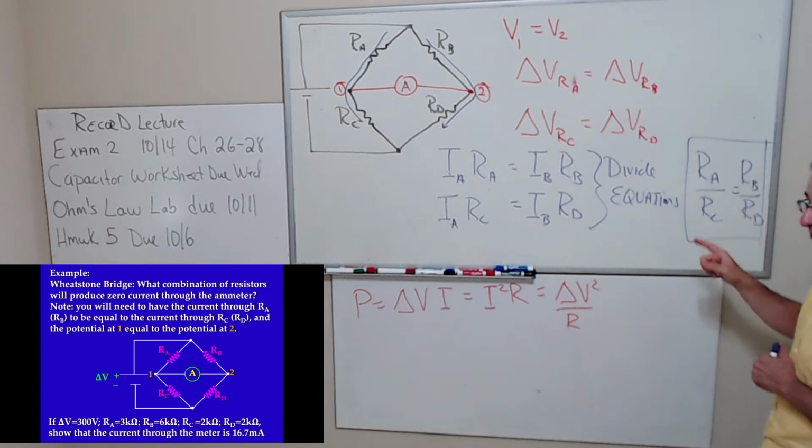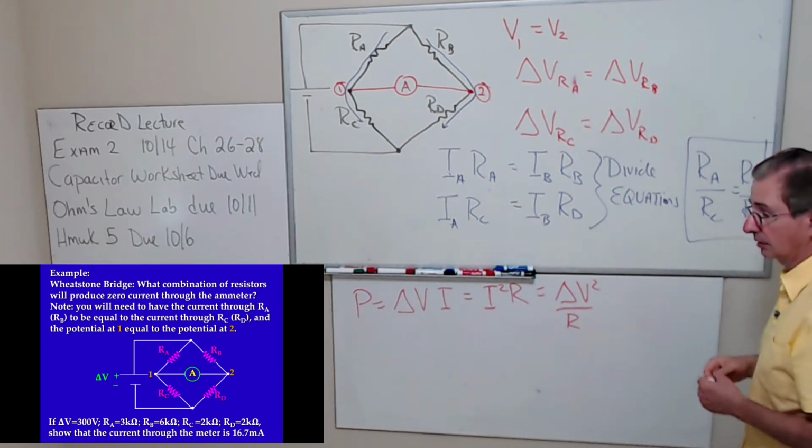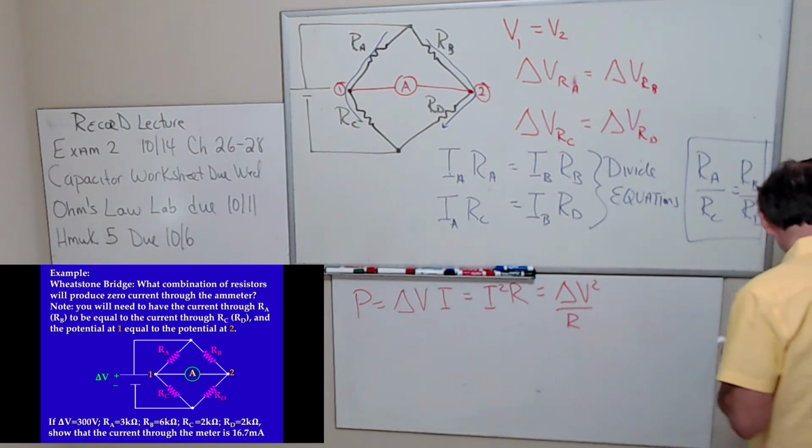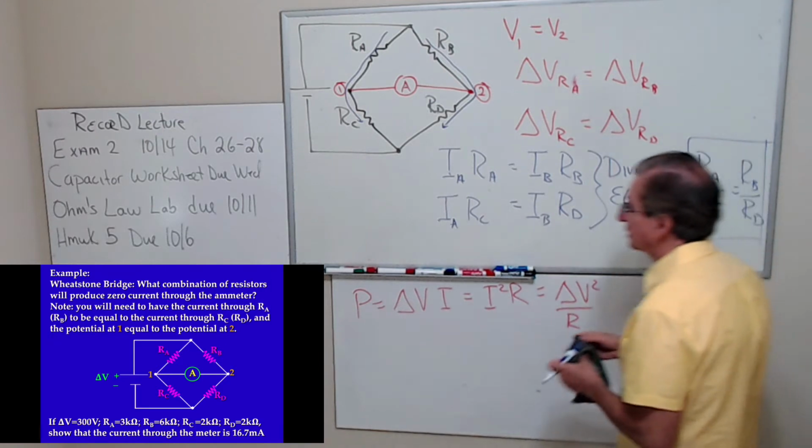So I want to do a different problem. I'm going to look at the case when this condition is not met. Okay, so let's assume in the next example that this condition is not met.